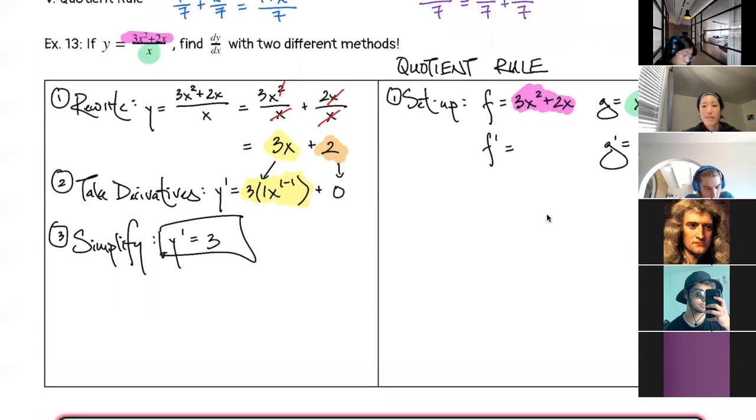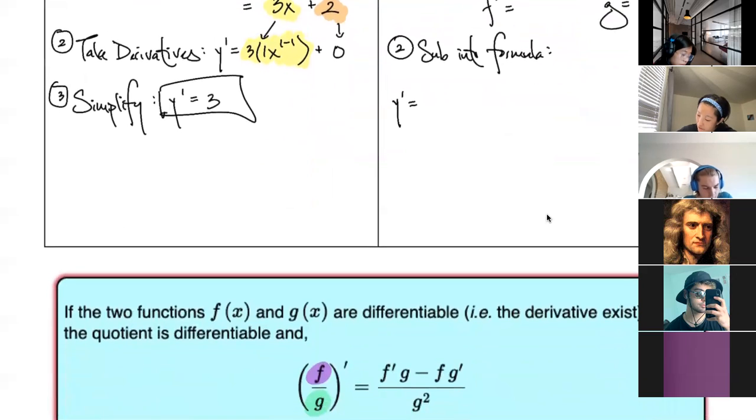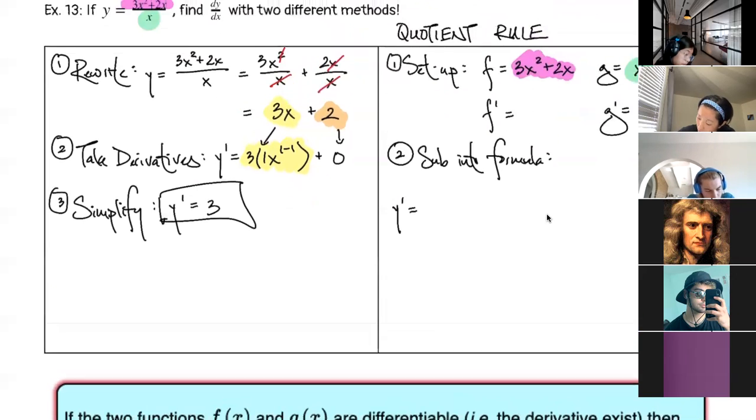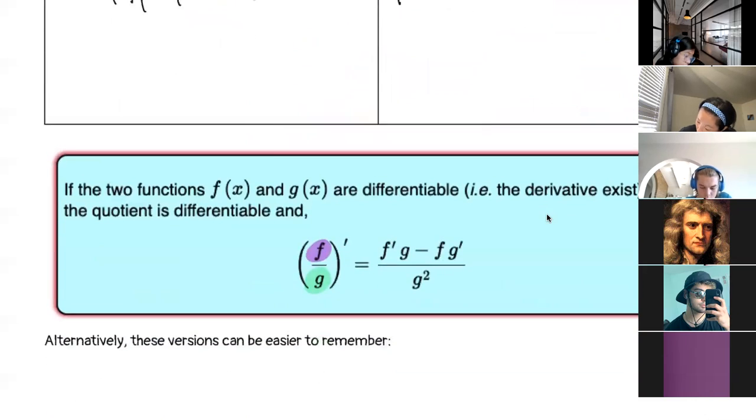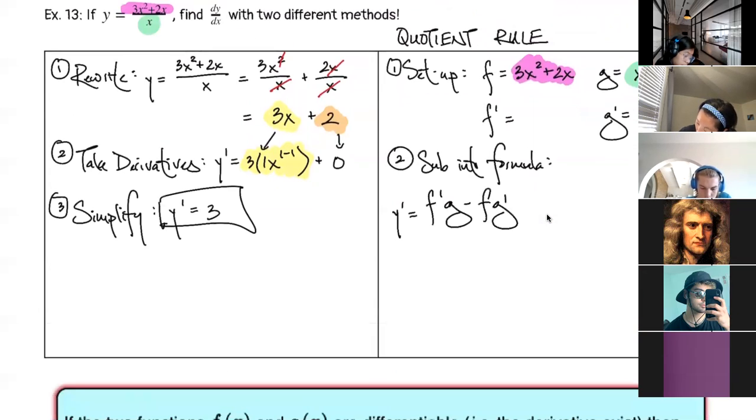So in order to plug things into the formula, we know our formula is y prime equals f prime g minus f g prime over g squared.